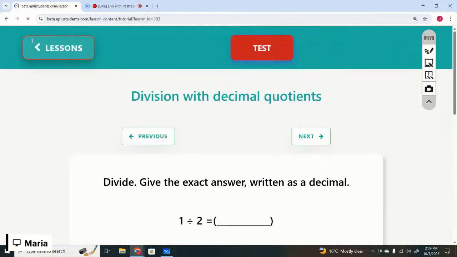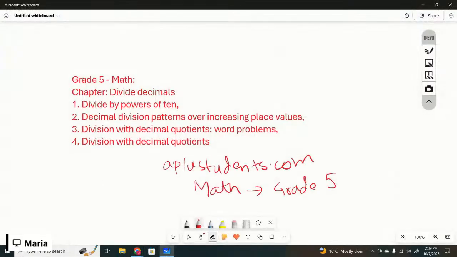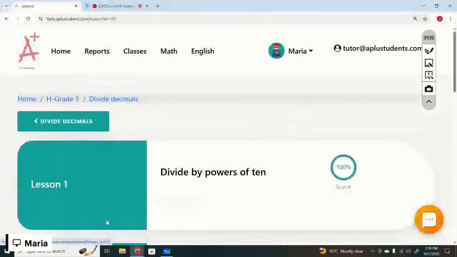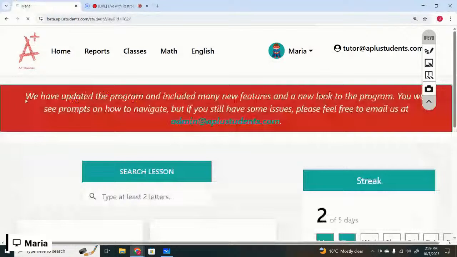So we were working on the grade 5 math chapter. The lessons we have covered today are divide by powers of 10, decimal division patterns over increasing place values, division with decimal quotients word problem, and division with decimal quotients. Please make sure before the next session you complete all the practice questions for the lessons you just did.